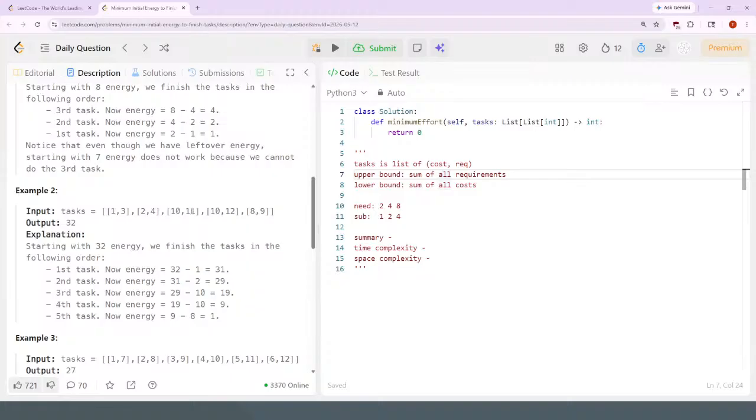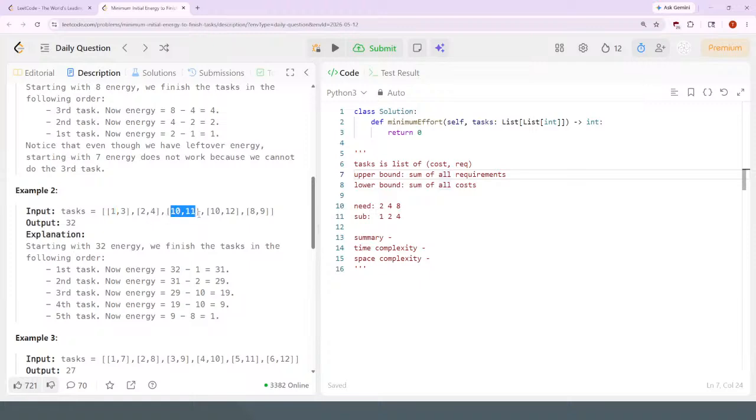You could, maybe, you're left with 24 energy minus 10, and you're left with 14 energy. 14 energy minus 2 is 12, minus 1 is 11.